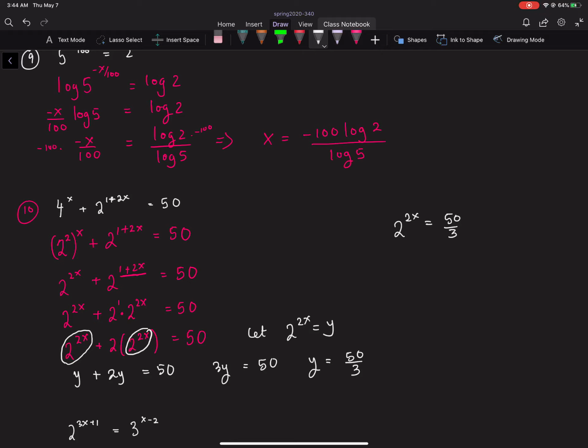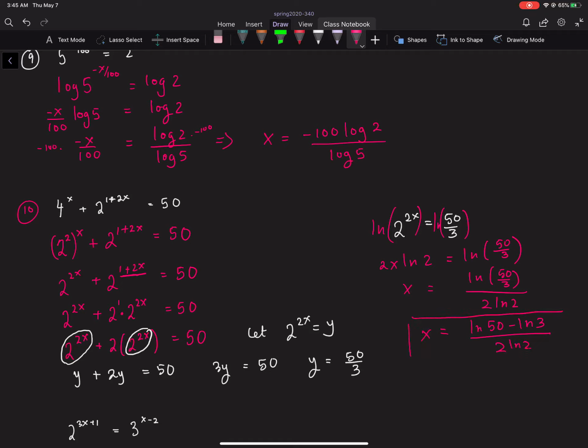I can apply the natural log on both sides, so I end up with 2x ln 2 is equal to ln of 50 over 3. Now how to solve for x? x is equal to ln of 50 over 3, divided by 2 ln 2, which you can also write as ln 50 minus ln 3, divided by 2 ln 2.